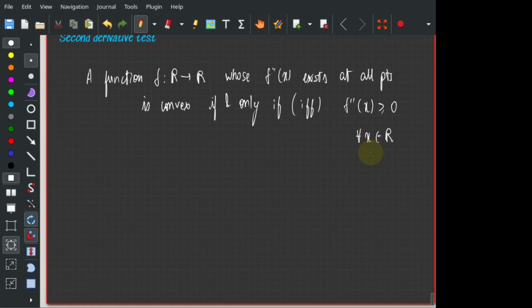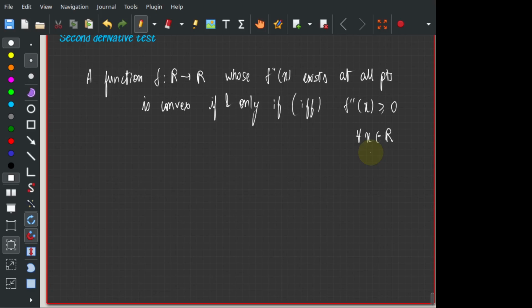So have you seen a proof of this particular statement? Has anyone seen a proof of this statement? Okay, great. So let's try to prove it. Now, there are two different statements that we need to prove.